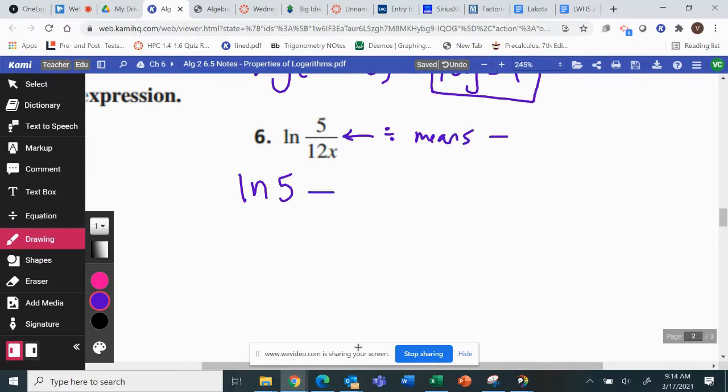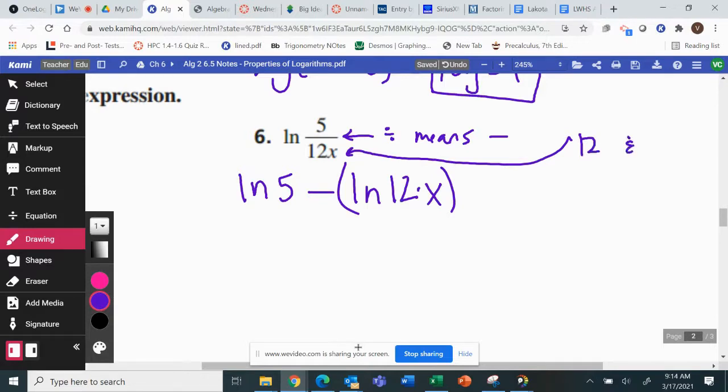So I'm going to subtract ln 12x. This is what a lot of people did, but it was the next step that was wrong. So these, yes, these are multiplied together. However, the subtraction sign in front applies to both of them. If you look at the original, both 12 and x are in the bottom.